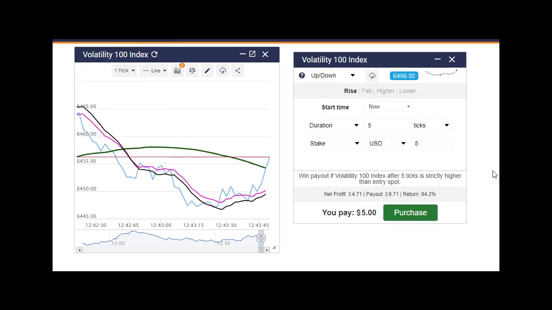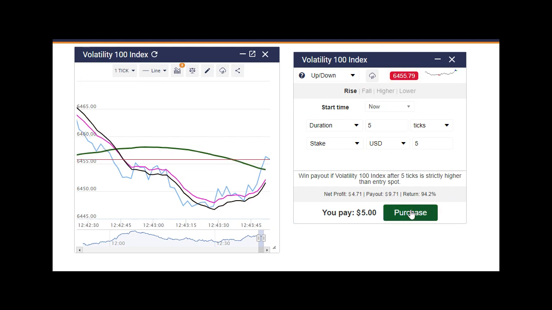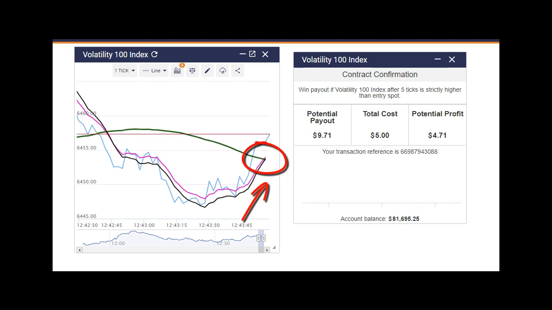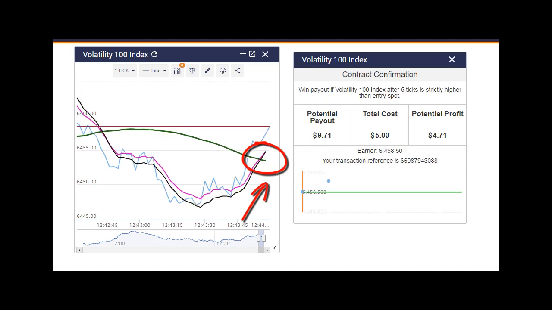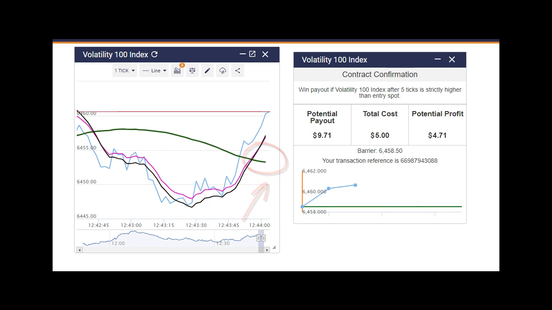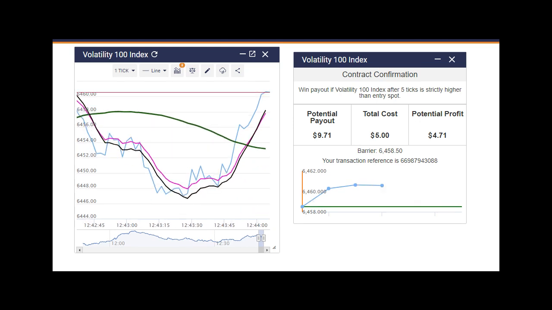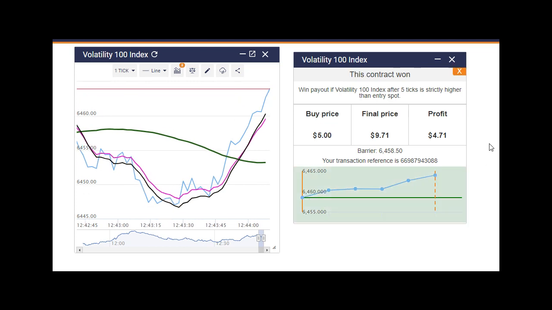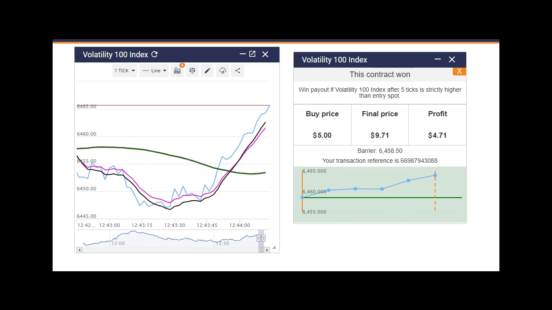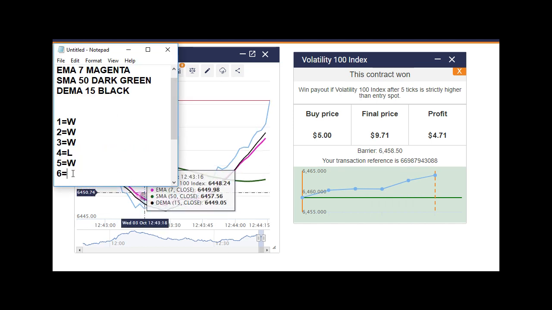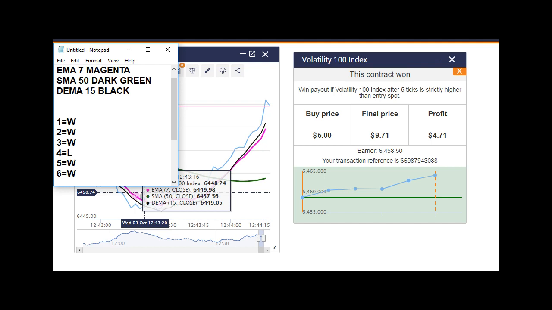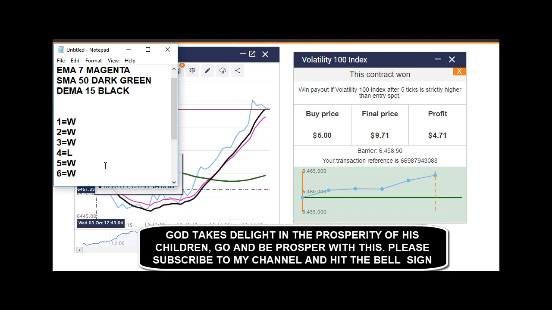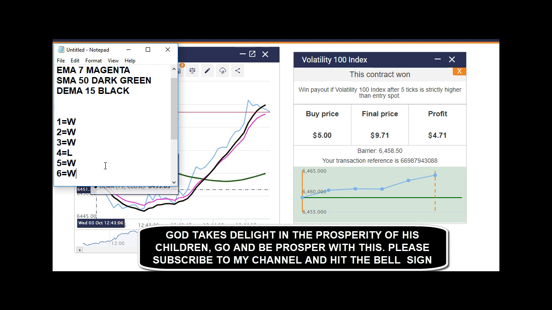Rise. Trade it. We want this. So, 6 trades, 5 won, 1 loss. 80% for this one.